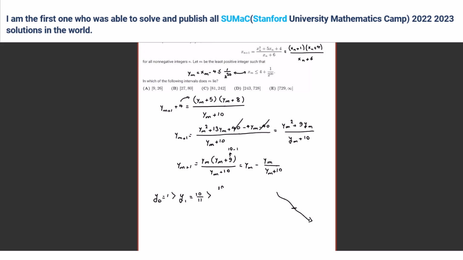It is 10 over 11 times (10 over 11 plus 9), which is 99 plus 10, 109 over 11, over y_m plus 10. So it would be 10 over 11 plus 10, 110 plus 10, 120 over 11. So we can cancel the 11, and it will be 109 over 11 times 12, right? Is there another 11 on the bottom? Wait.